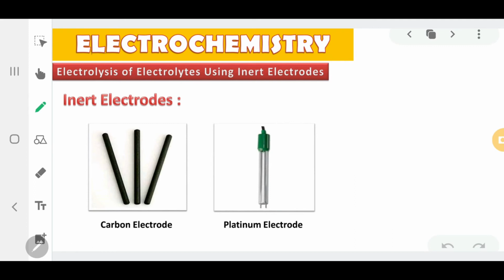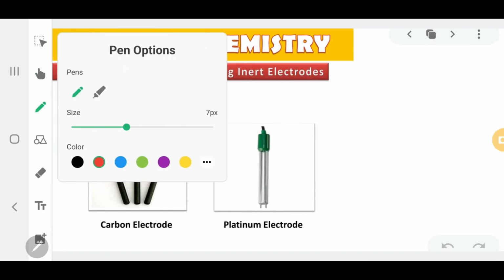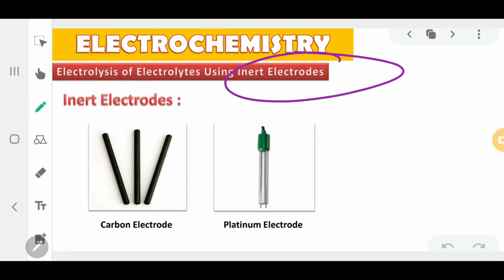These are the inert electrodes that we will be focusing on for the electrolytic cell component of this discussion. For example, carbon electrodes and platinum electrodes. They are called inert electrodes because they do not chemically react with the electrolytes inside your beaker.